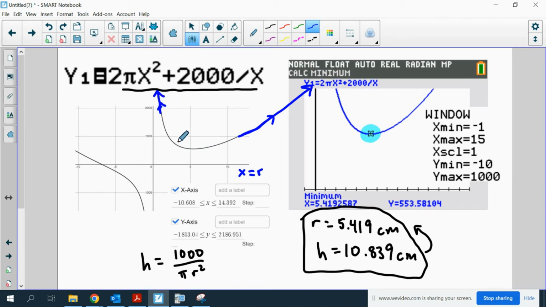But everything on this curve would represent something that has a volume of exactly 1 liter. So we want to minimize it as much as possible. And that's why we picked this minimum value at 5.419 centimeters for the radius and 10.839 centimeters for the height.